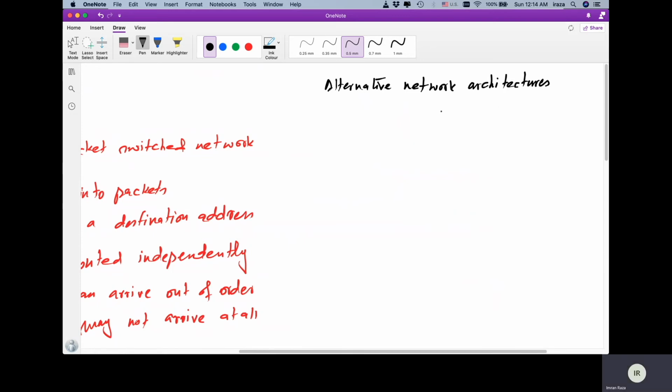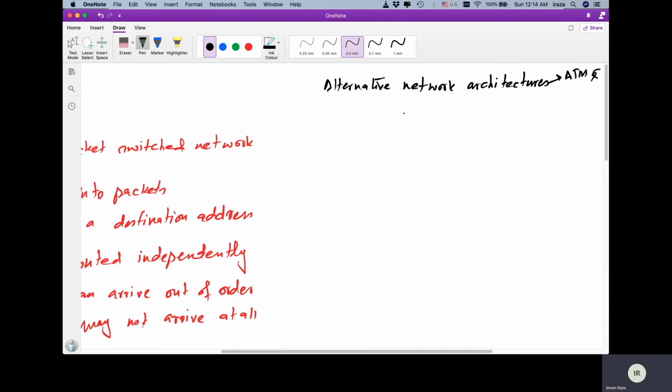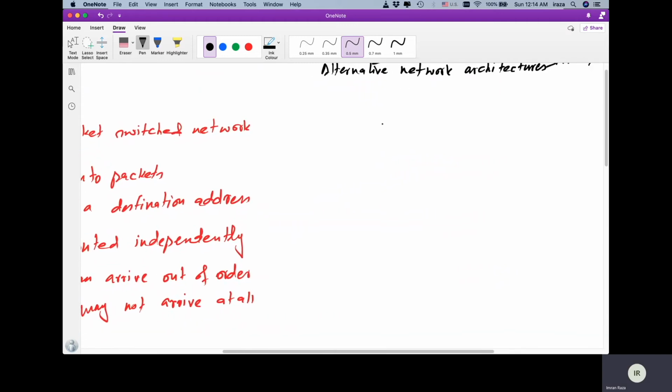Okay, and by the way, these include ATM and frame relay. This ATM and frame relay are basically circuit switch networks.